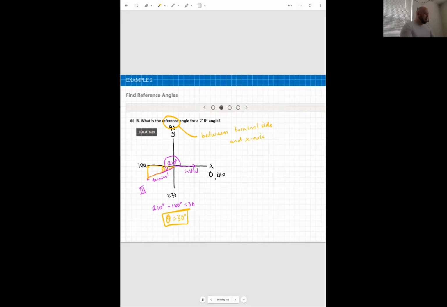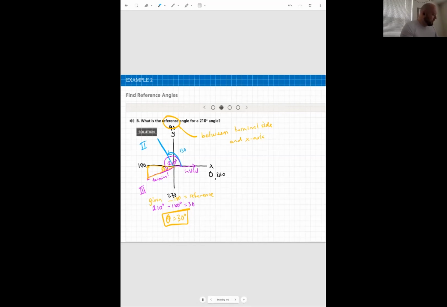So anytime you're in quadrant 3, the angle that you're given minus 180 will give you your reference angle. And let me change colors and go to blue. If I had an angle up here, like we did in part A, I believe in part A we had something up here, and this was 130.